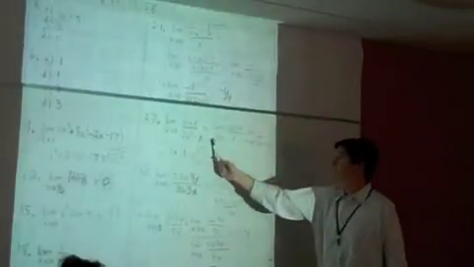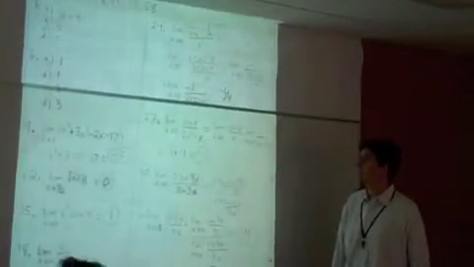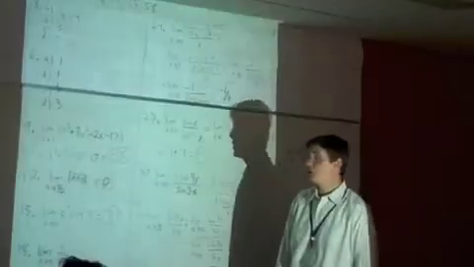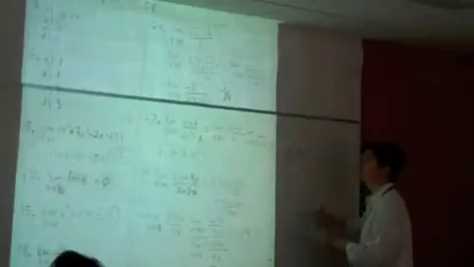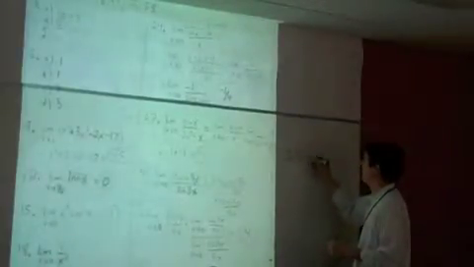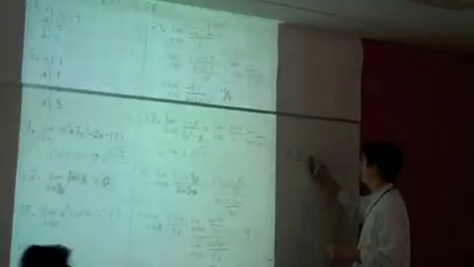So if you get something like this, sine x, like in number 27, divided by 2x squared minus x, you can factor that denominator to be x times 2x minus 1. And when you do that, you can split this up like this. You start here, 2x squared minus x.